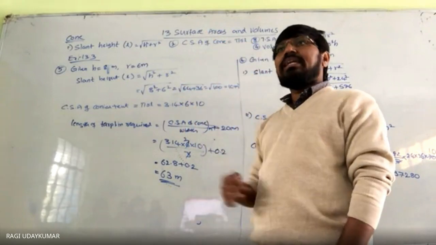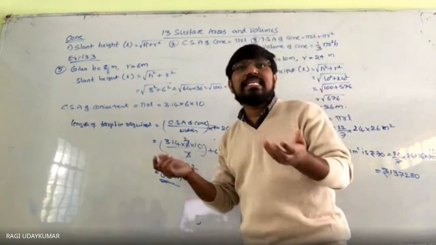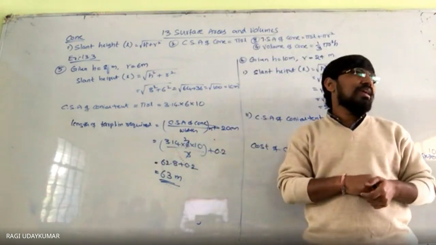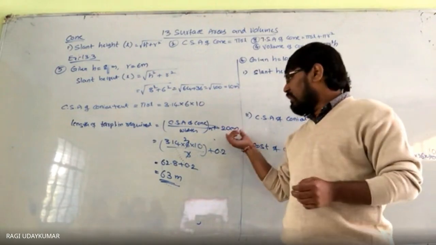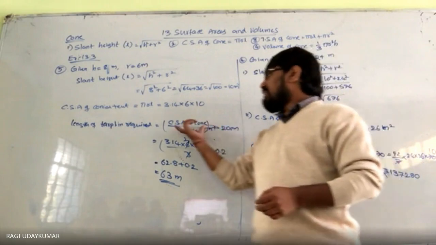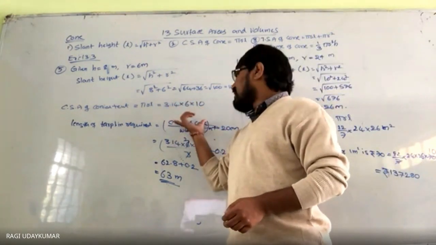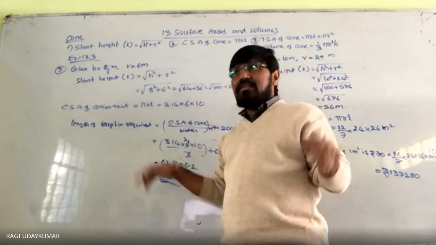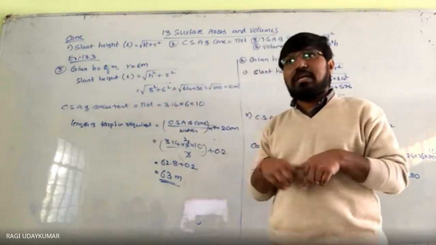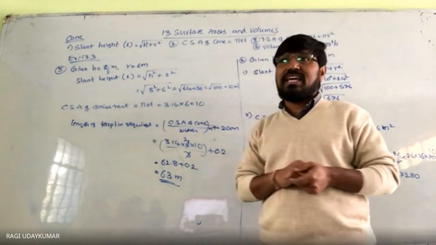So we need extra length, 20 centimeters, needed for stitching and margins, isn't it? So that's why 20 centimeters is added, by dividing this complete curved surface area by the width, because this is the area of that rectangular shape of the plate.